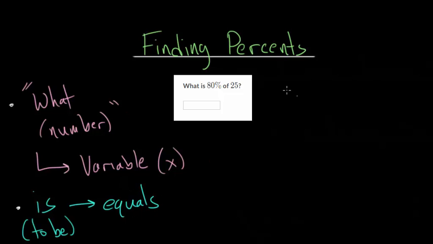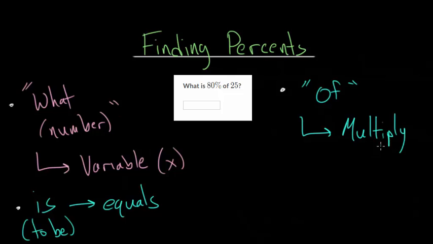Now, when you see the word of, when you're taking some percentage of something else, or like if you want 1/2 of 12, whenever you see that word of, that's going to be involved in multiplication. So the word of here, you can think of as the operator to multiply.